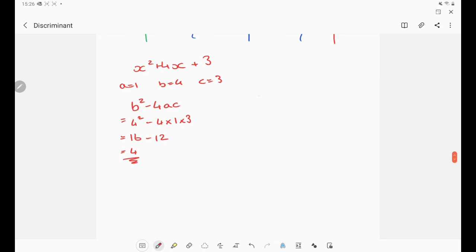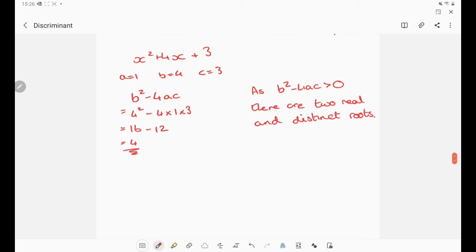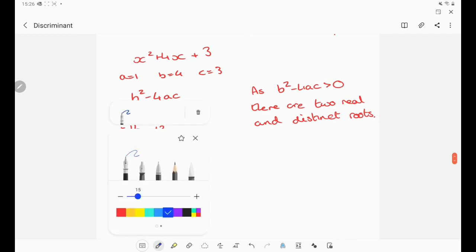So the sentence you are going to write is, as b squared minus 4ac is more than 0, there are 2 real and distinct roots. Done.